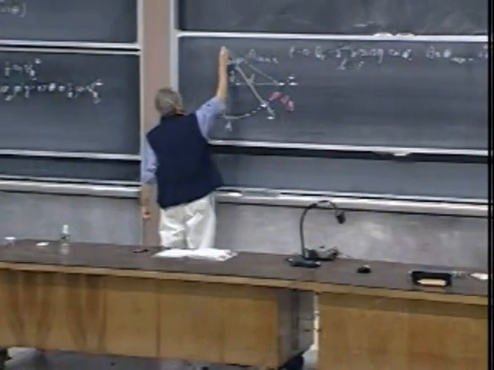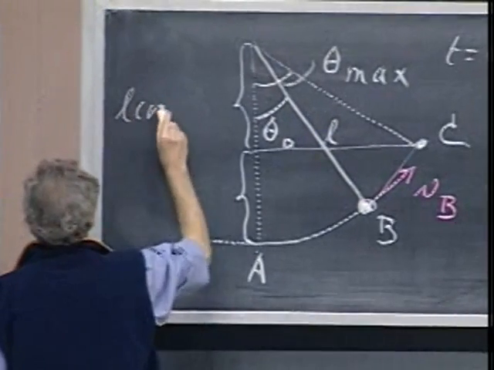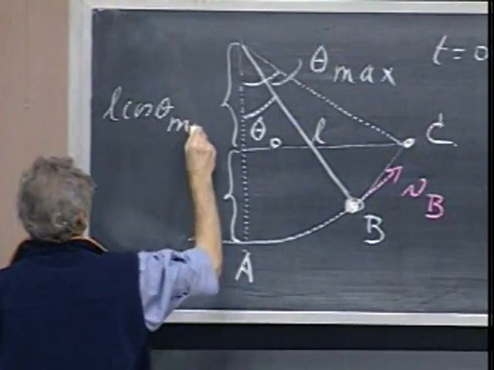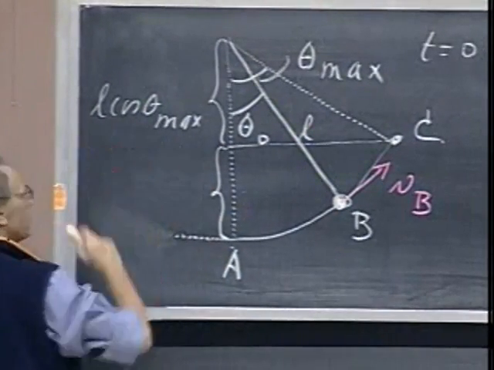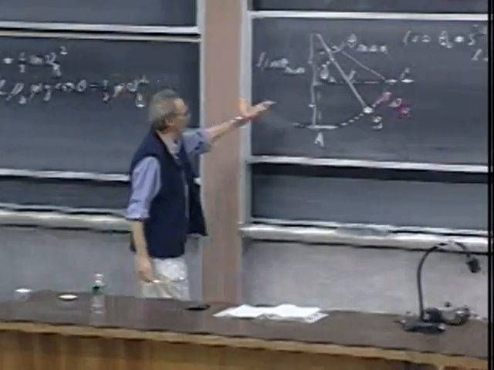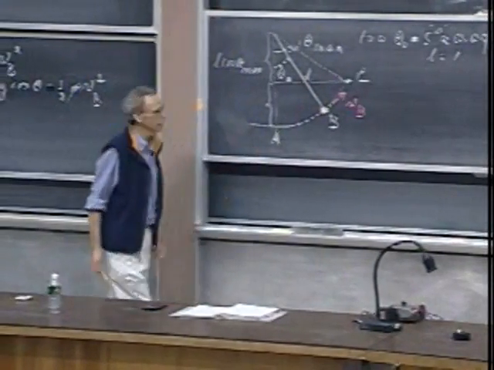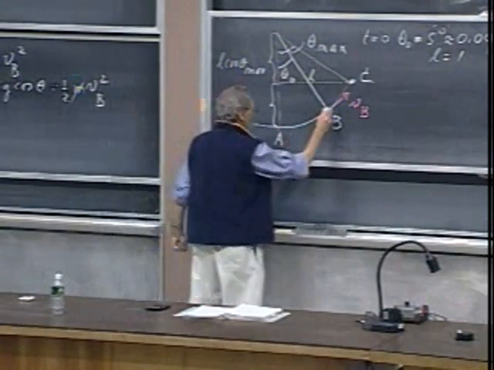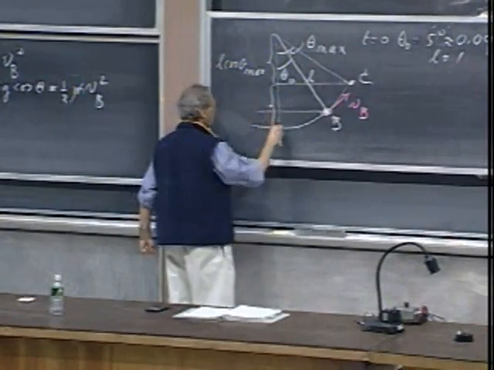Because this part here equals L times the cosine of theta max. And so this is L minus L cosine theta max. So it comes down to calculating how high this object comes above point A. Well, I will split this into two heights.